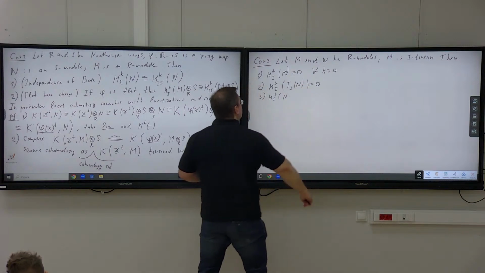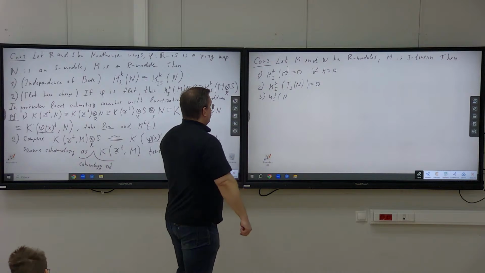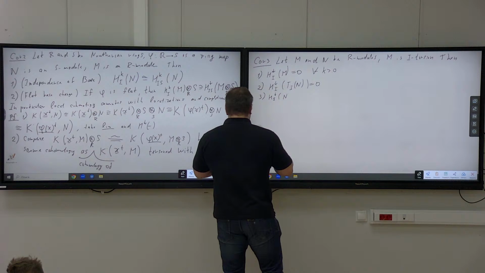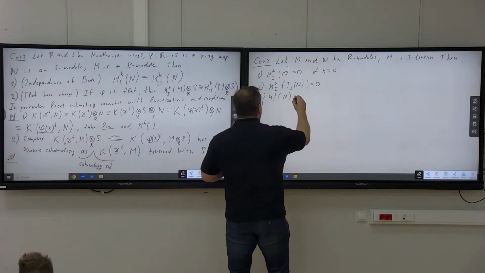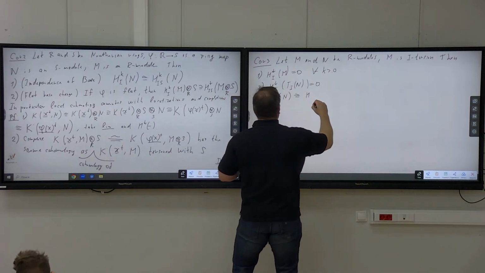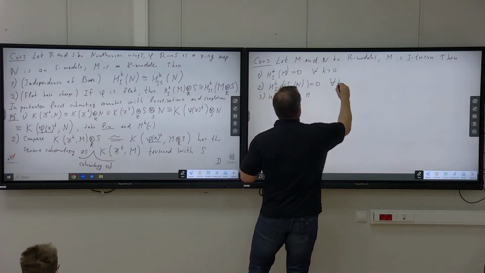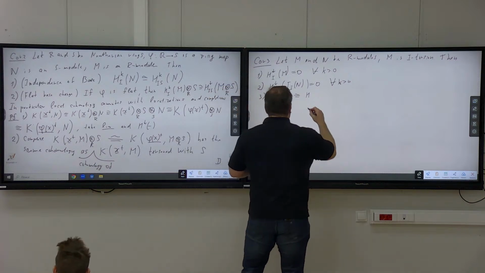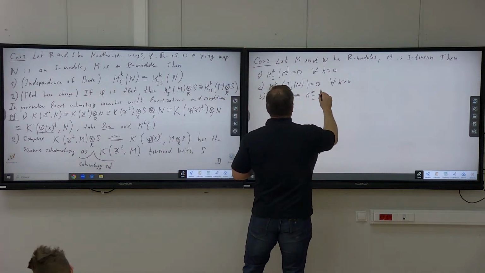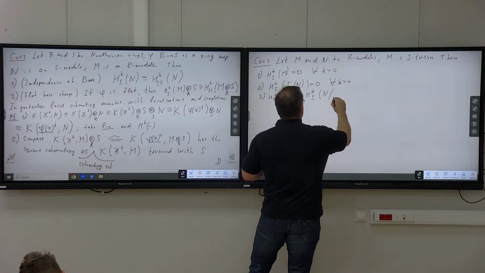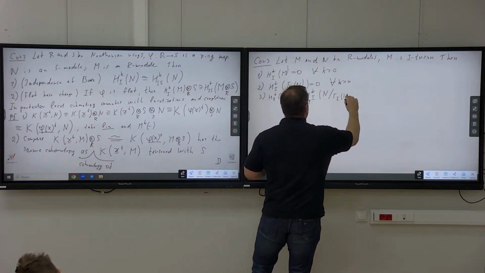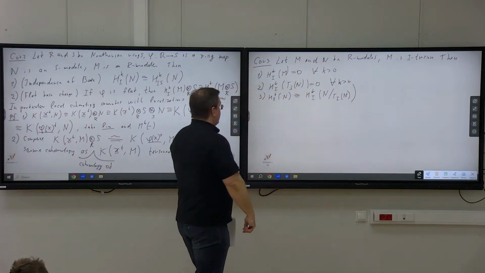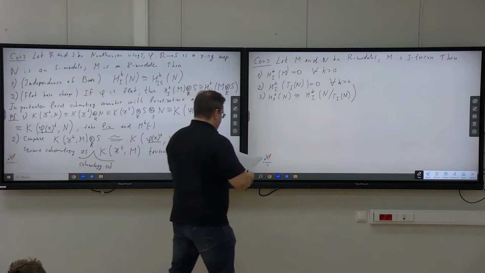This is why I need two modules: one is torsion, one is just any module. So finally, third part, if I want to compute cohomology of N, again for any k positive, the cohomology of N can be identified with the cohomology of N modulo the gamma_I of N. So you can quotient out the I torsion, and the high cohomology is still the same.